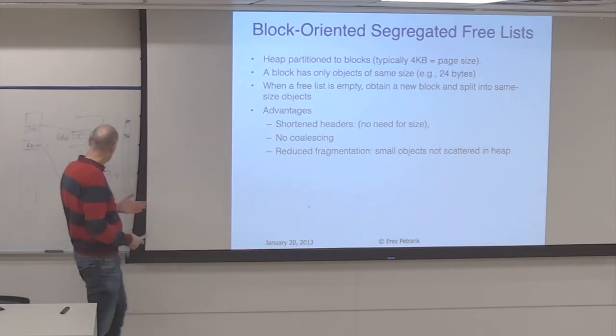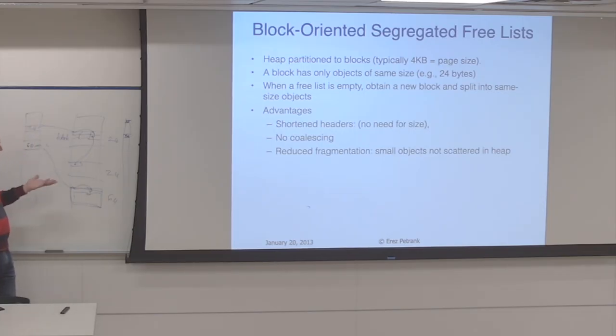Basically if I have 24 and before that 16, and someone wants to allocate 20. Usually we allocate in multiples of words. But if I did want to allocate 20, I would put it in a 24. That would be like an inner fragmentation.